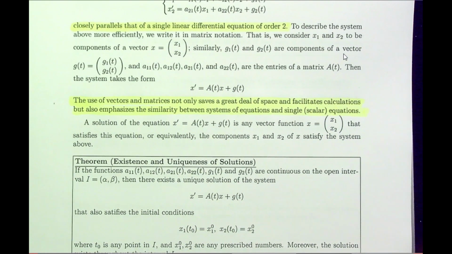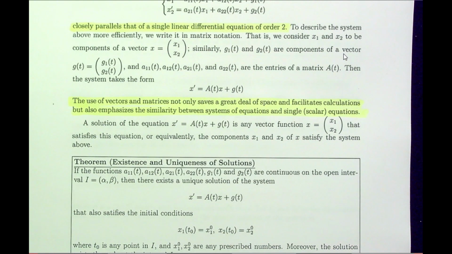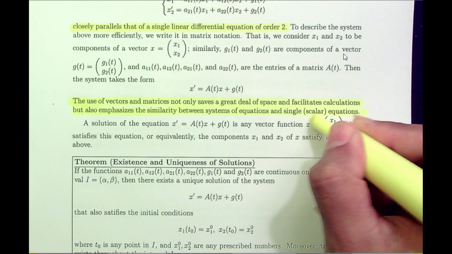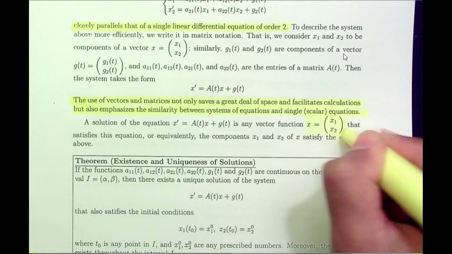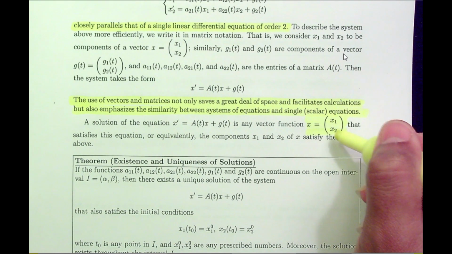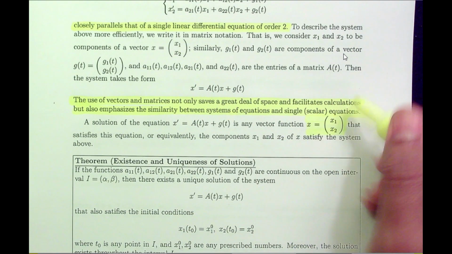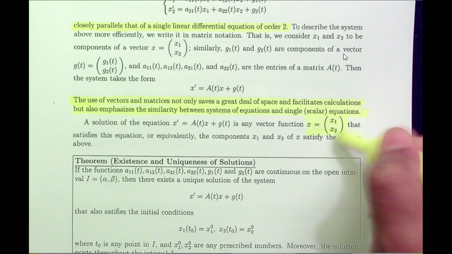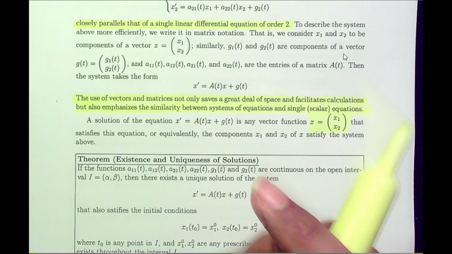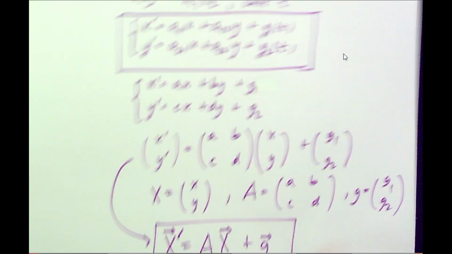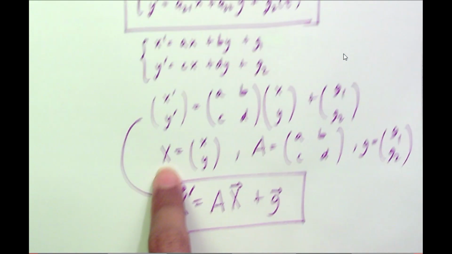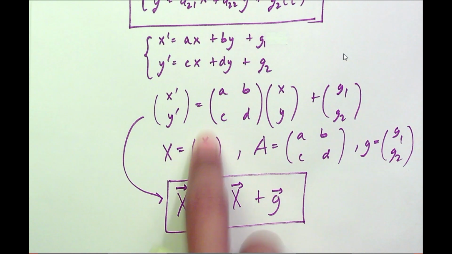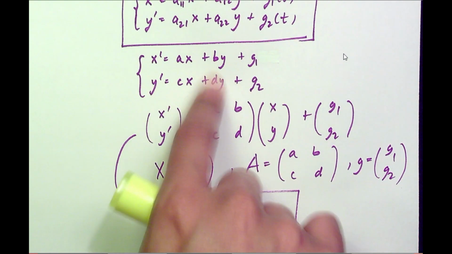Okay, and then a solution of this system is just going to be any vector function like that, which in reality, once you find this vector function, you are finding the two functions that solve the system. So in this notation, once you find capital X, that means you're finding the X and the Y from this system.